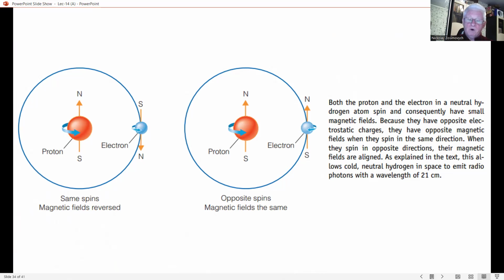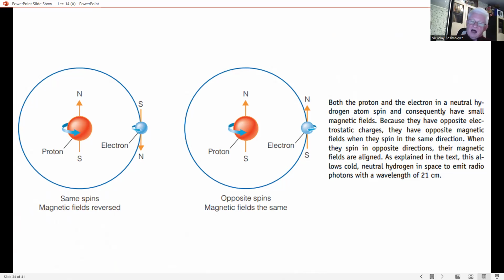Depending on whether the electron and proton are spinning in the same or opposite direction, the atom can be in one of two energy levels. One level has slightly higher energy than the other.